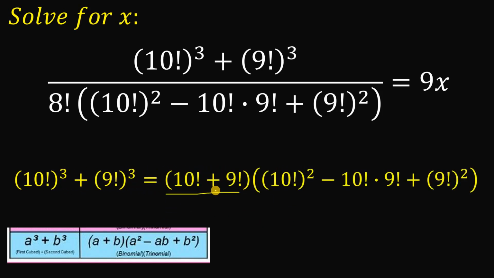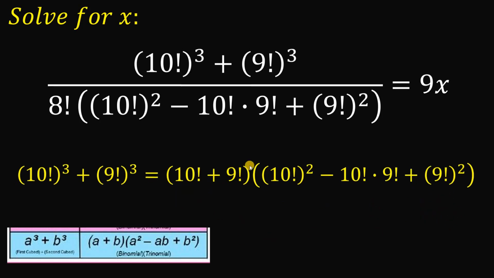We have 10 factorial plus 9 factorial multiplied by 10 factorial squared minus 10 factorial times 9 factorial plus 9 factorial squared. Or we have a plus b multiplied by a squared minus a times b plus b squared.